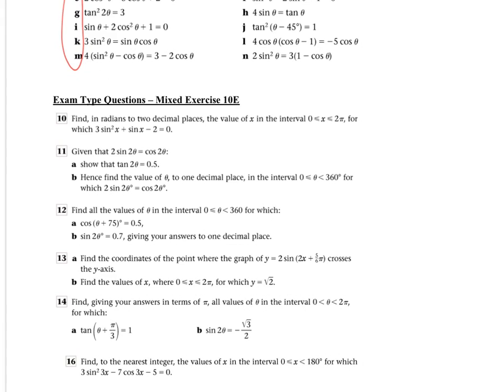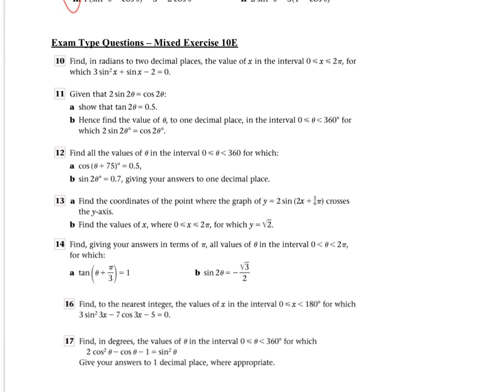What I'd like you to do is as many of those as possible, but your minimum would be 10, 11, 16 and 17. So can you do 10, 11, 16 and 17? I will pause now and you take a good 20-25 minutes to do these questions, and then I will reveal the answers to you.